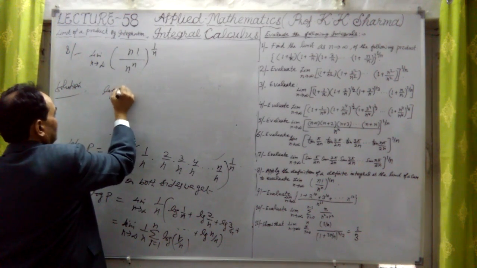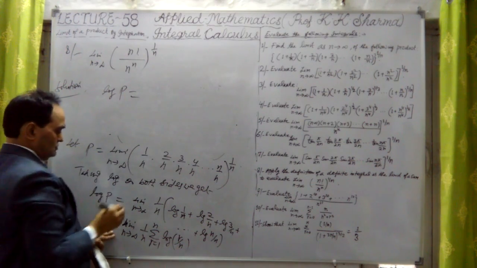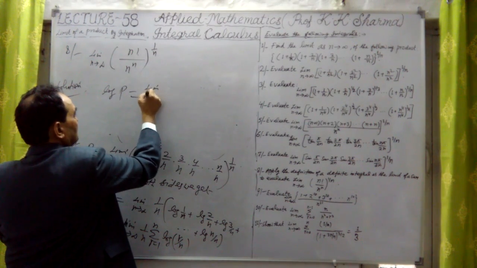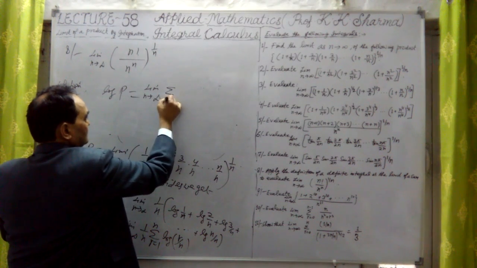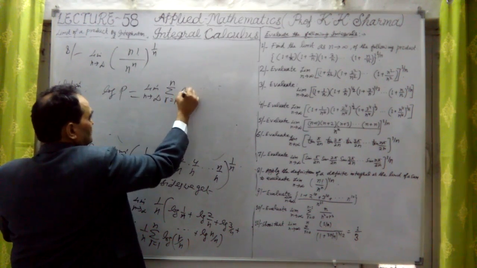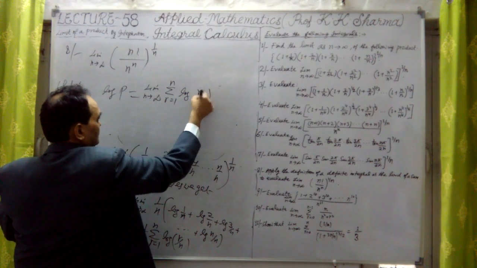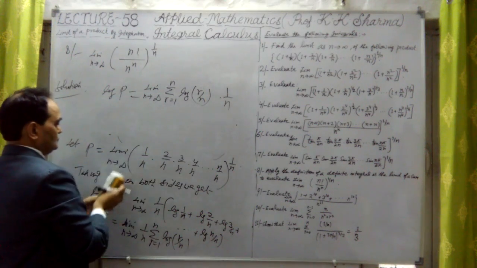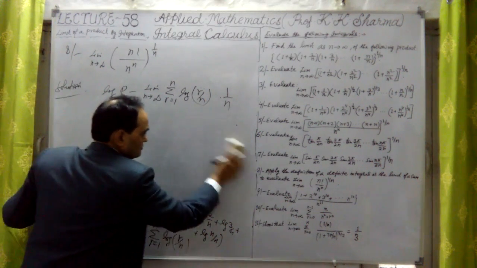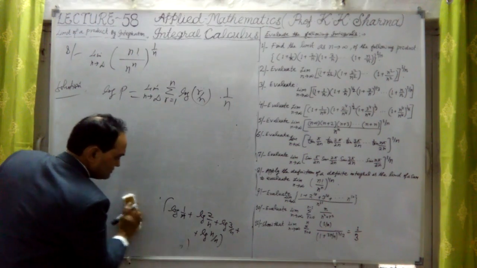Log P that we have obtained is equal to the limit as n tends to infinity of sigma r is equal to 1 to n of log of r upon n into 1 upon n. No problem. So let me take this as a definite integral.